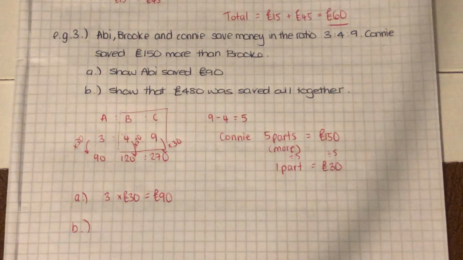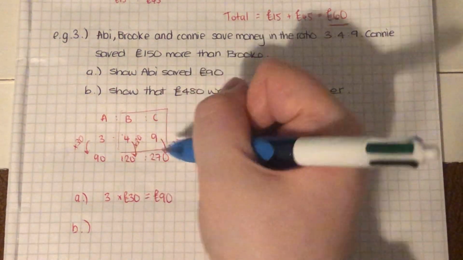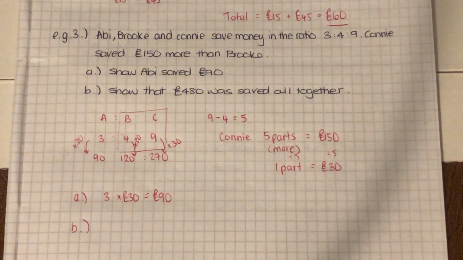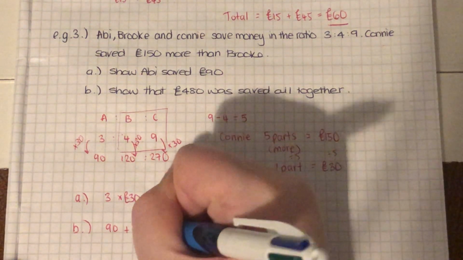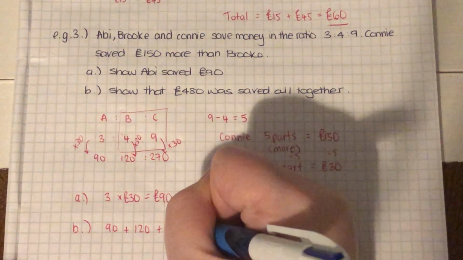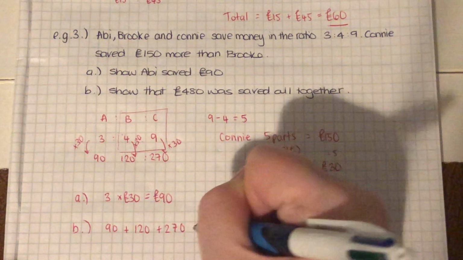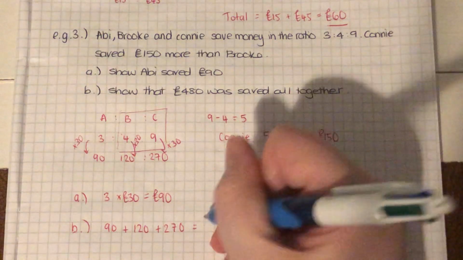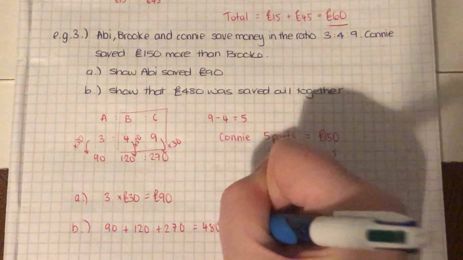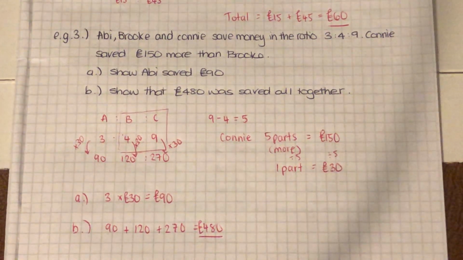And then if we add those amounts up, so the 90, the 120 and the 270, so they're all the amounts that each person saved. Okay, so that gives us 210, 210 plus 270 gives us 480. Okay, which is what they were asking for.